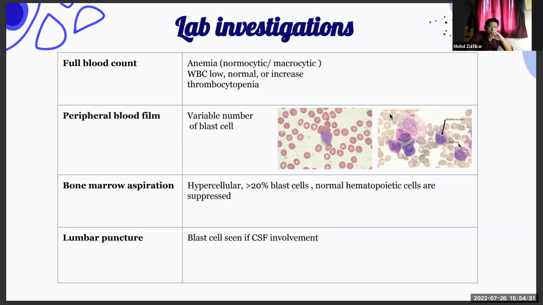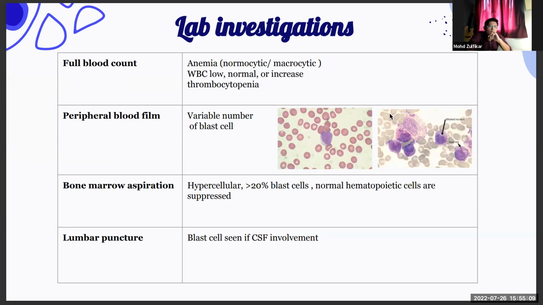However, in acute myeloid leukemia, AML, the peripheral blood film shows large but immature cells with more cytoplasm compared to the lymphoblast. The nucleoli are more prominent, and there are granules. The important thing to note about AML is the presence of Auer rods, which are azurophilic needle-shaped granules.